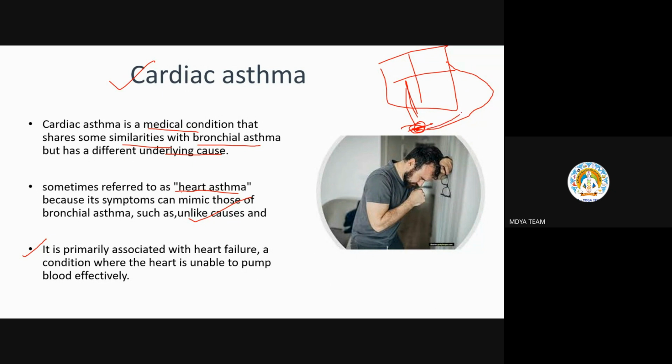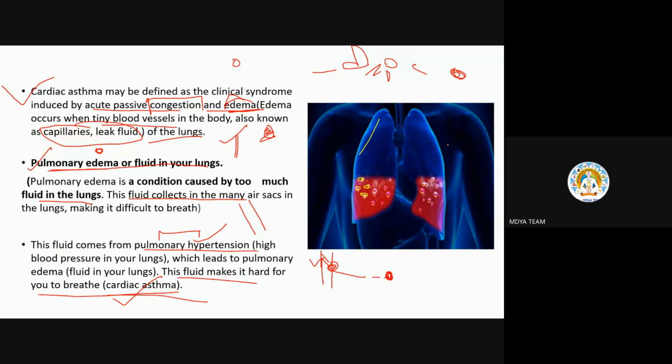Therefore the heart will not be able to take in proper oxygen and will not be able to carry it to the body. So the requirement of the body for oxygenated blood is not fulfilled by the heart, and such a condition is called cardiac asthma.